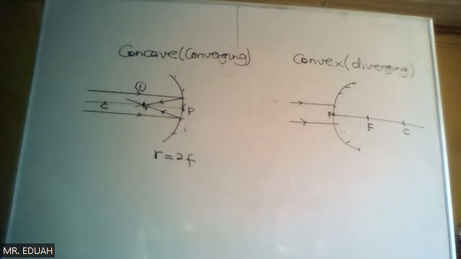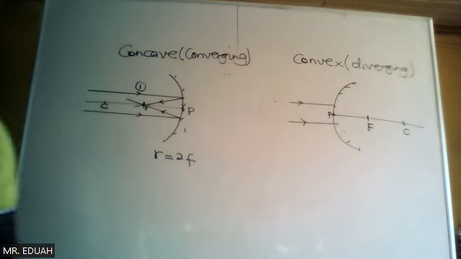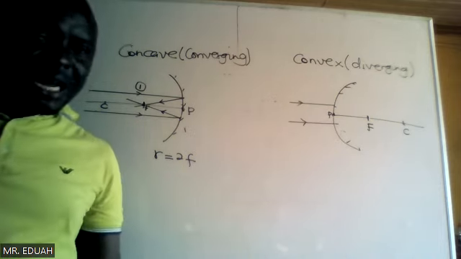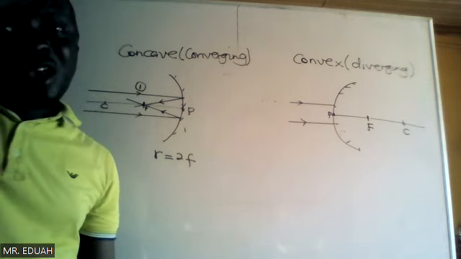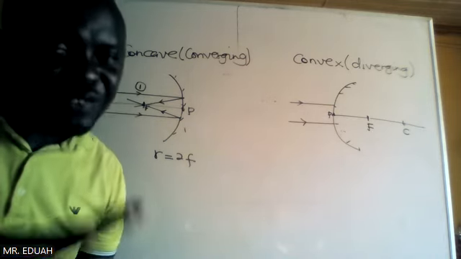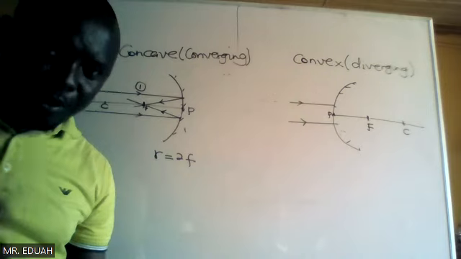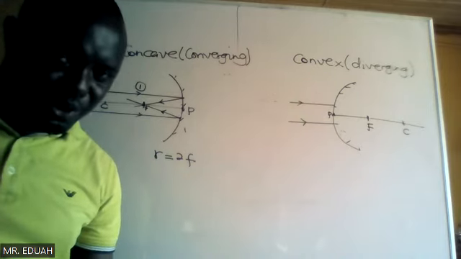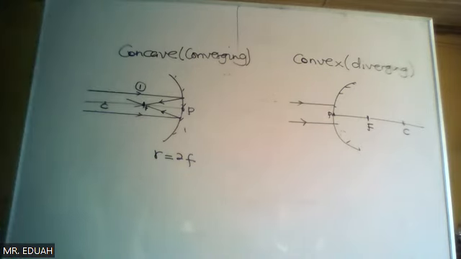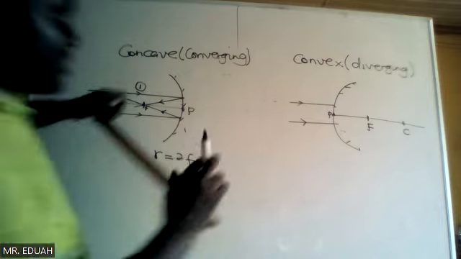Convex mirror diverges rays, but the diverted ray always appears to be diverted from a point behind the mirror. And this point is the principal focus. Sir, please come again.